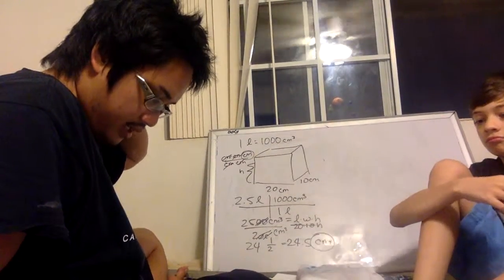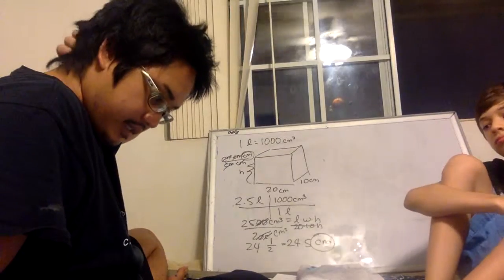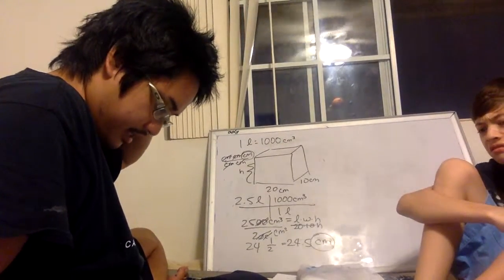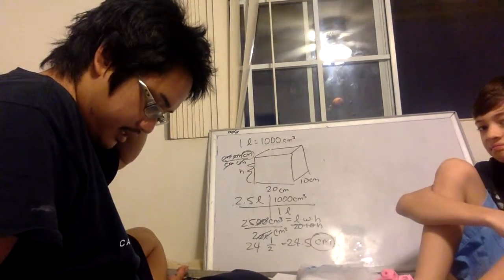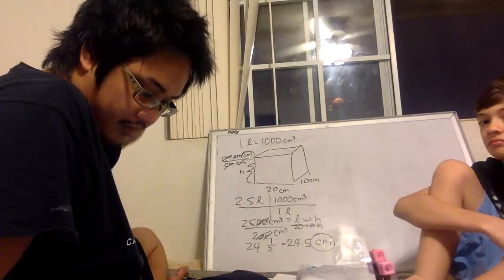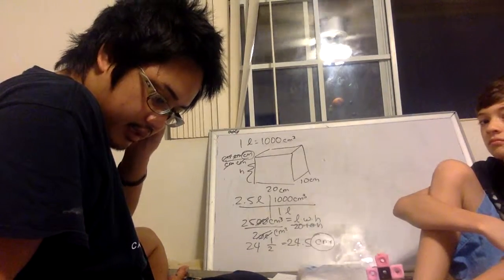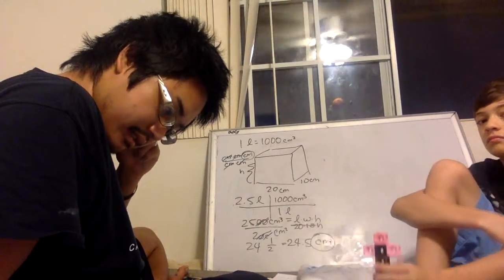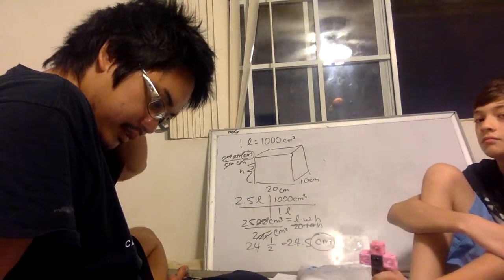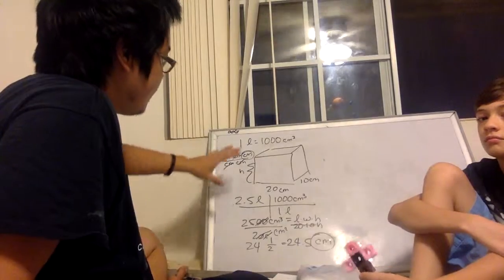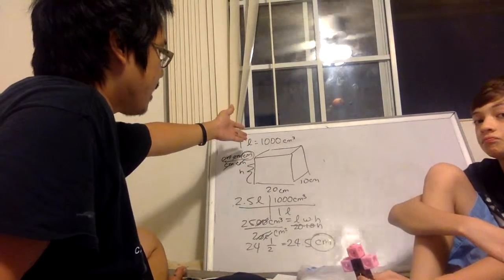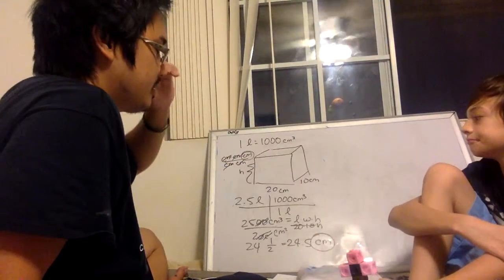Find the unknown edge of each cuboid. Actually, I think you know how to do this. We've done a few of these. A cuboid is basically something that you can build out of a bunch of cubes.